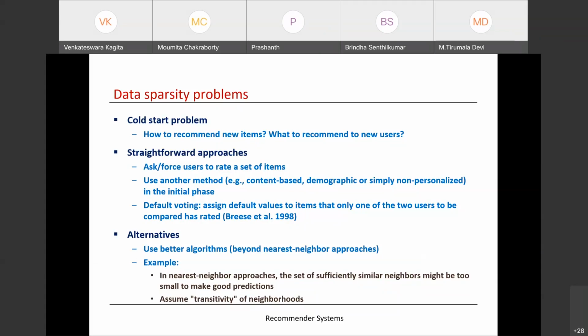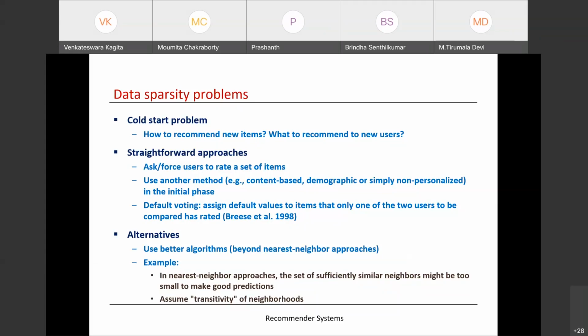Or use another method in the initial phase which doesn't suffer from the cold start problem, like content-based or demographic-based, or simply non-personalized recommendation. You can recommend some popular items at the initial stage. Gradually, when the user likes or dislikes those items, you can learn from his preferences.